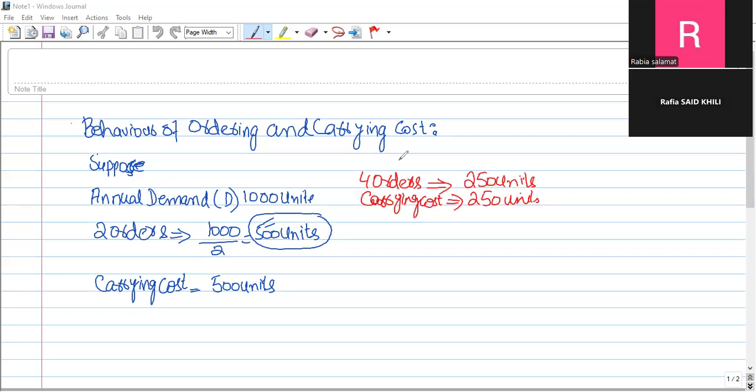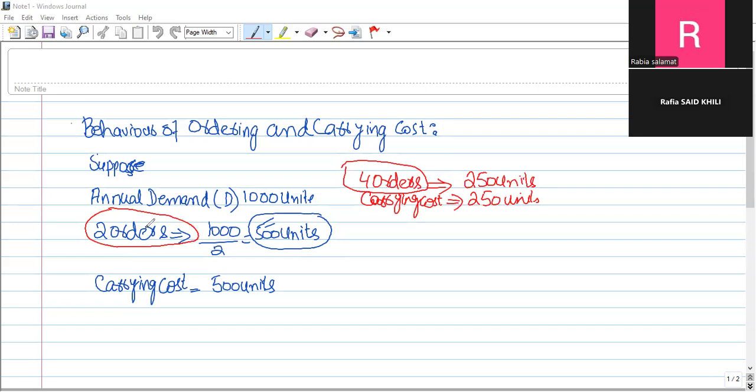Now we are going to compare these two plans. The first plan is for two orders and the second plan is for four orders. See the behavior of ordering cost and carrying cost with the units.